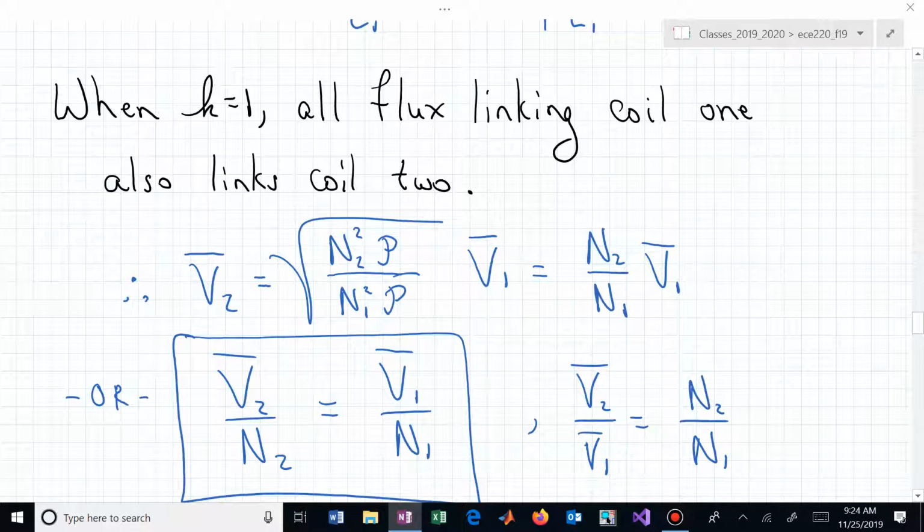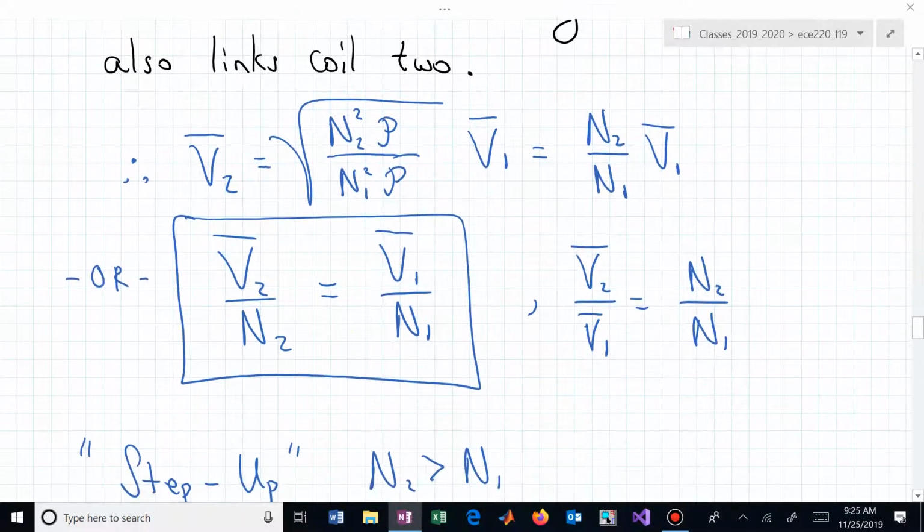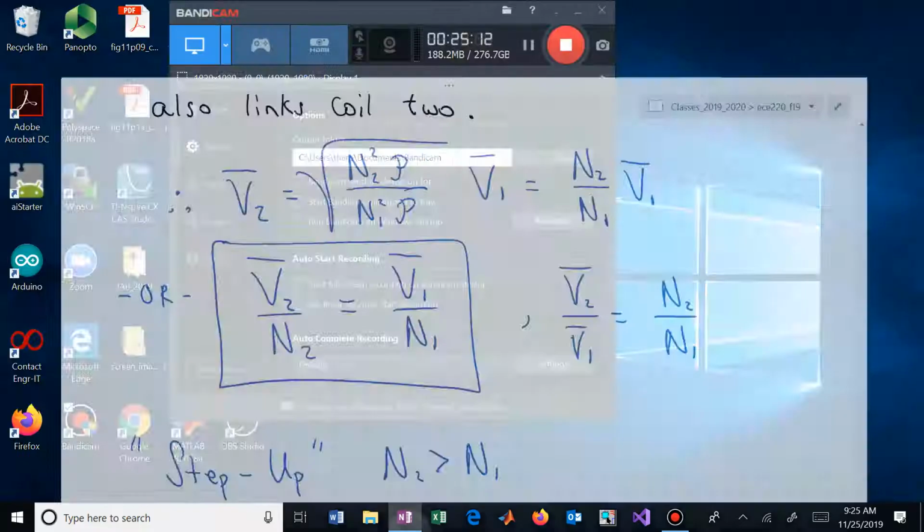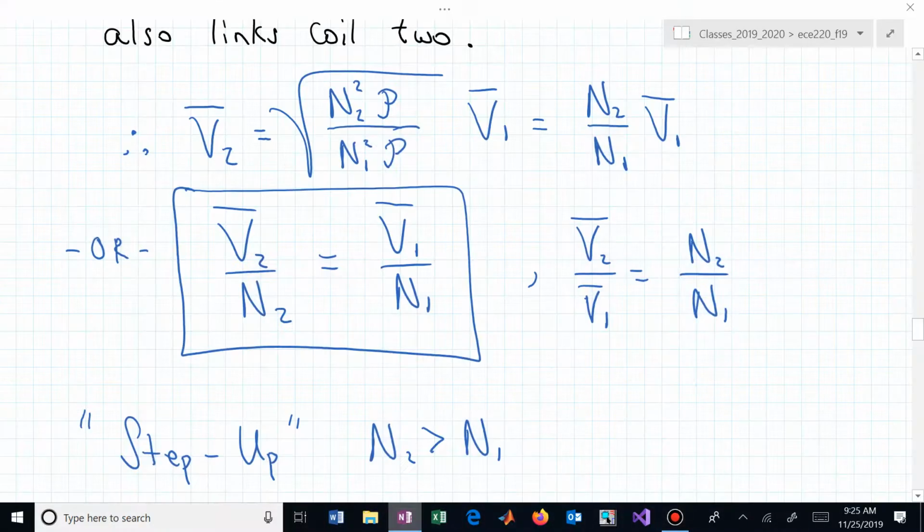I like to think of it this way, because I confuse myself trying to remember whether V2 over V1 is equal to something, or I2 over I1. Here I just try to remember that the volts per turn are the same on either side of the transformer coil. So here you have equal, and maybe I should emphasize the fact that this is a magnitude.